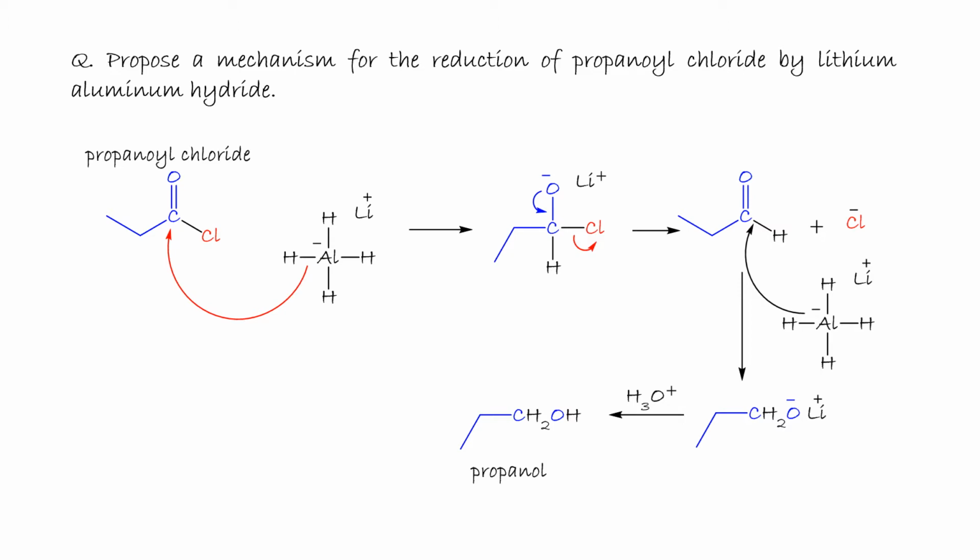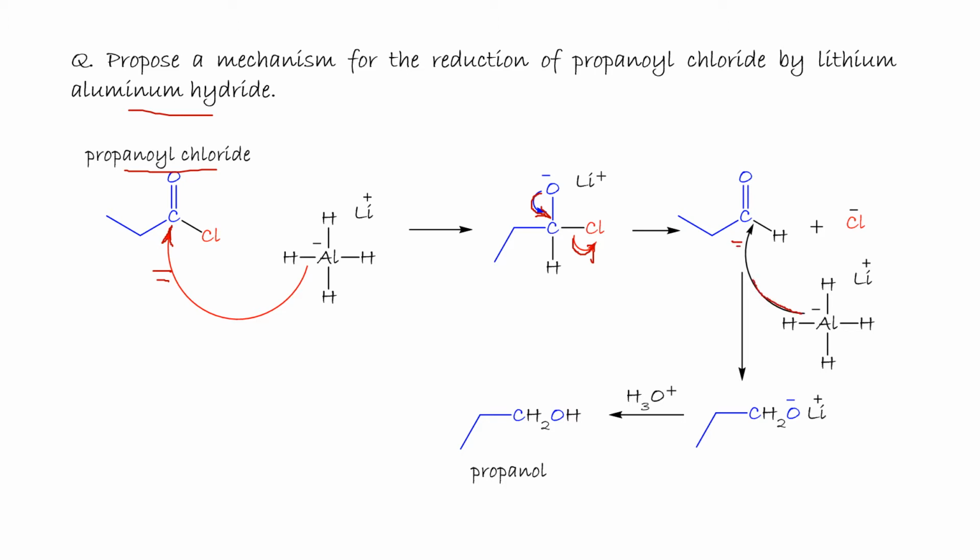Propose a mechanism for the reduction of propanoyl chloride by lithium aluminum hydride. Propanoyl chloride with lithium aluminum hydride: the hydride attacks as a nucleophile first, forming a tetrahedral intermediate, then elimination of chloride, forming the double bond of an aldehyde intermediate.